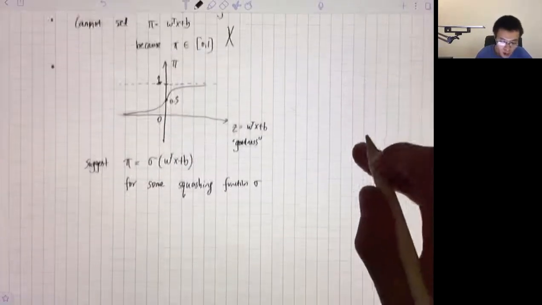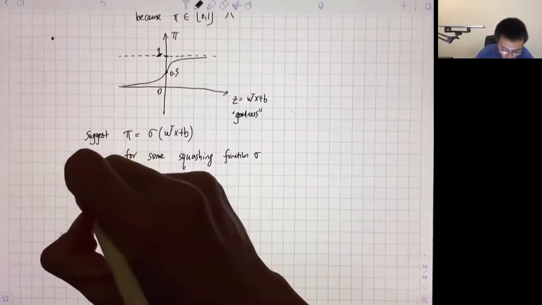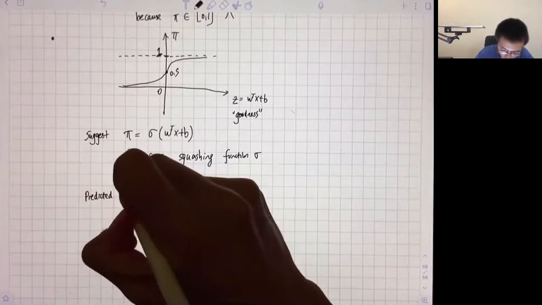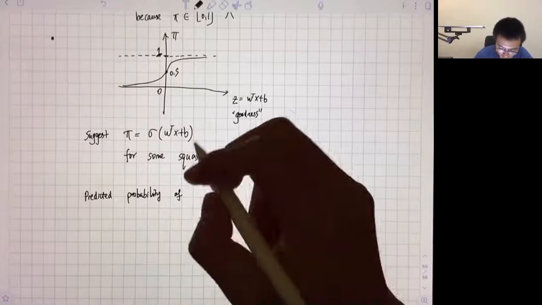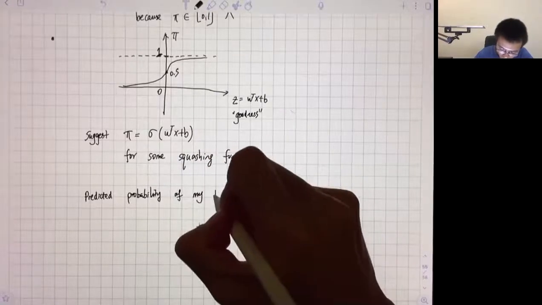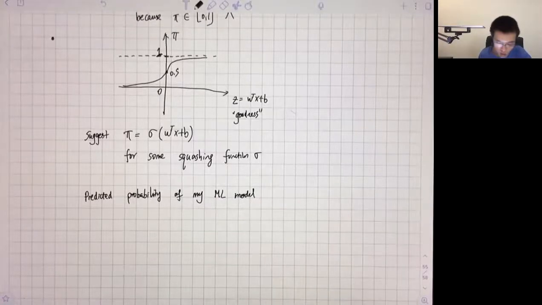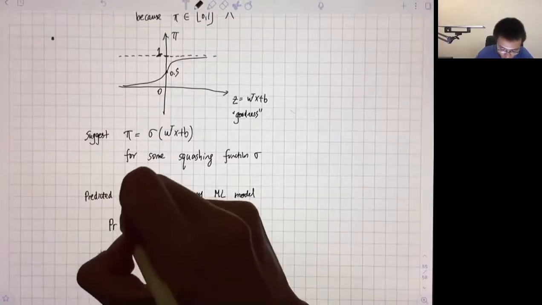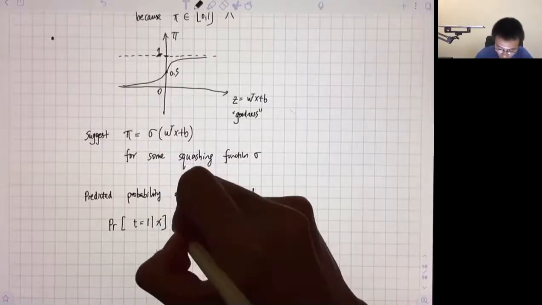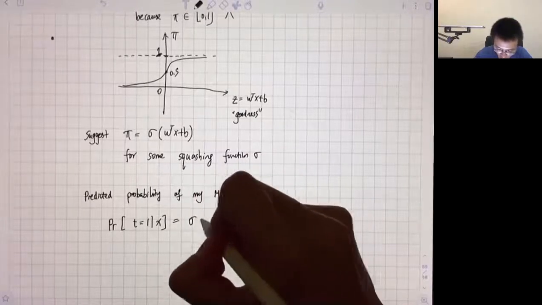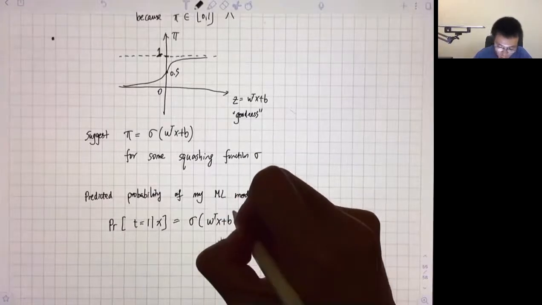So this time, by combining these thoughts, I'm going to say the predicted probability of my machine learning model for linear binary classification, where I would predict my target is 1 based on my x input, is actually some squashing function of W transpose X plus B, okay?